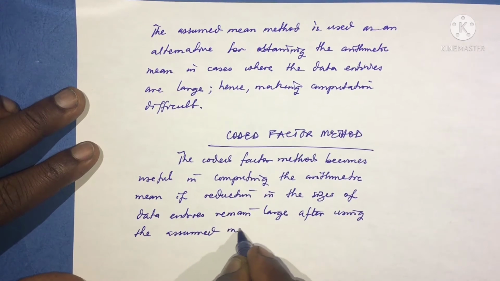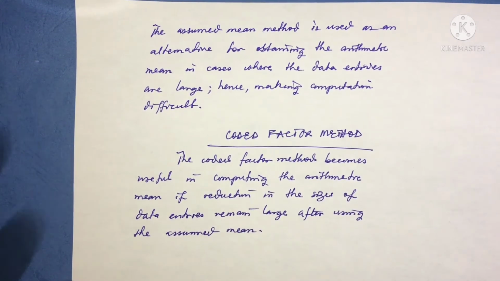Okay, so if after using the assumed mean to reduce your data entries to smaller values that you can manage in computing your arithmetic mean, the data set is still large, the better method to use will be the coded factor method as an alternative.